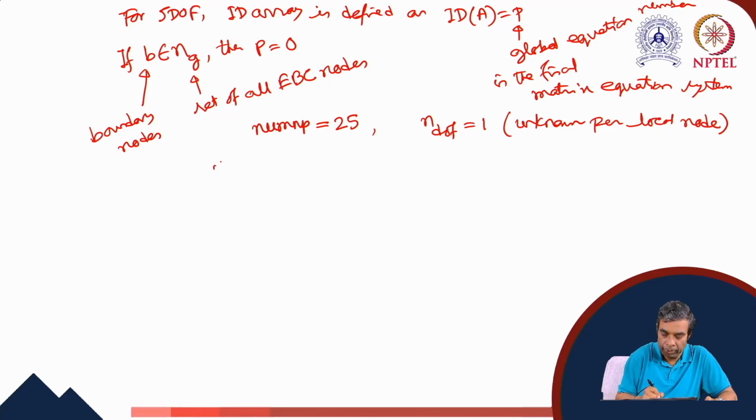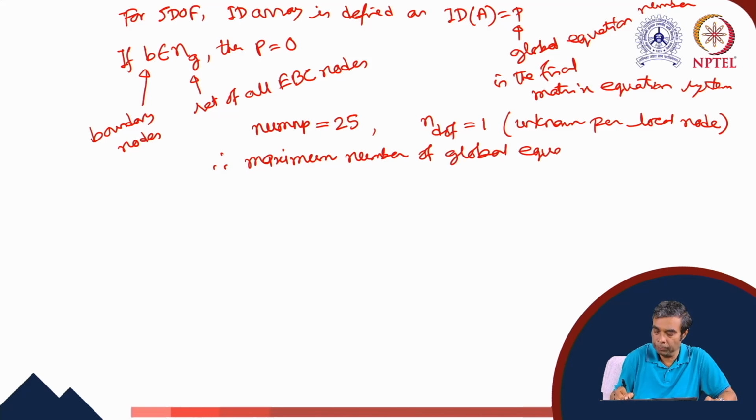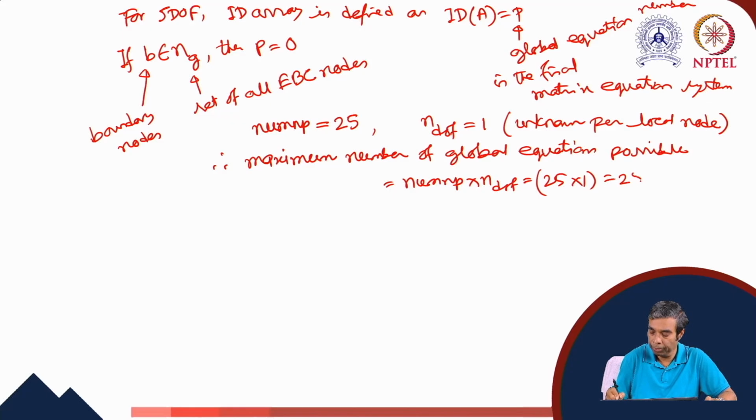So we can get the maximum number of global equations possible, which equals num np into NDOF. So this is 25 into 1 equals 25.